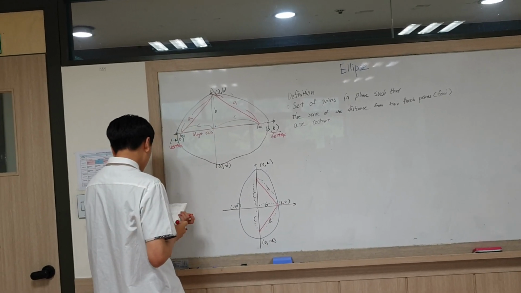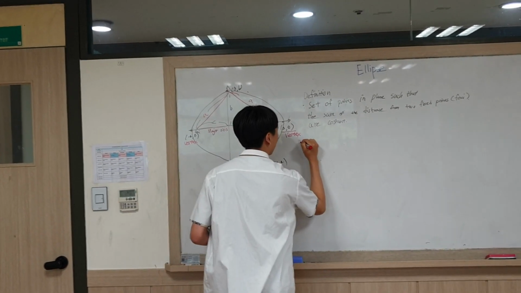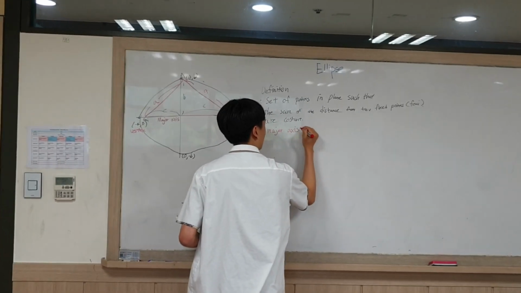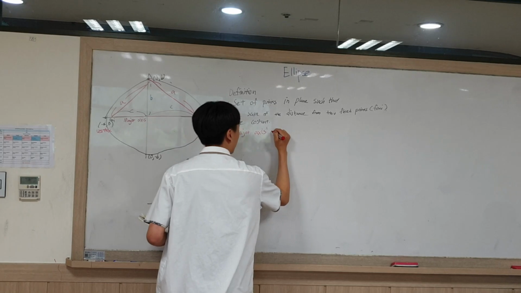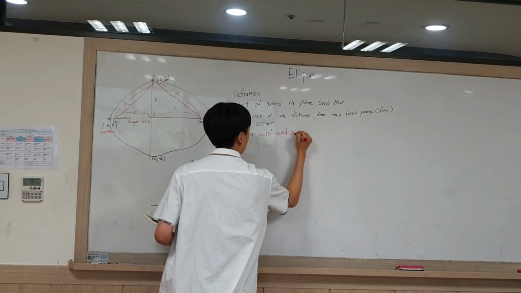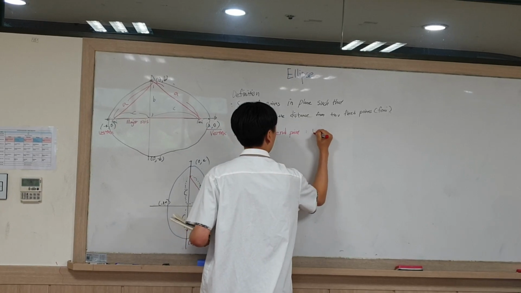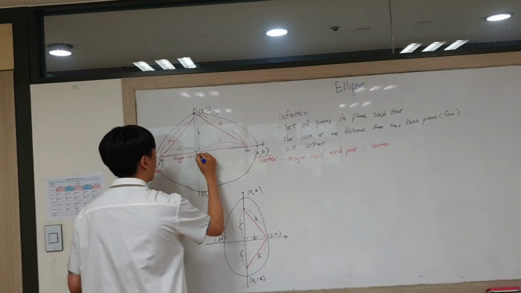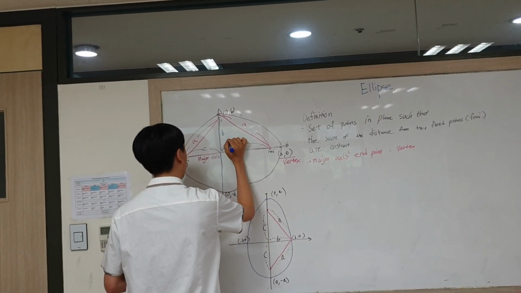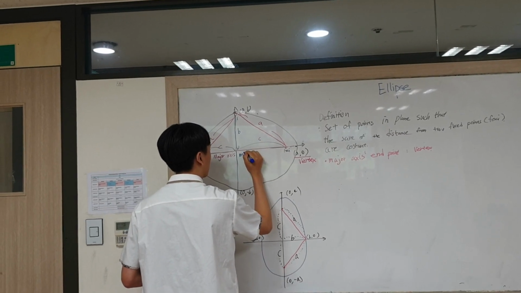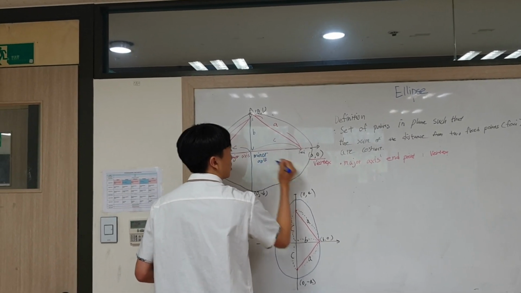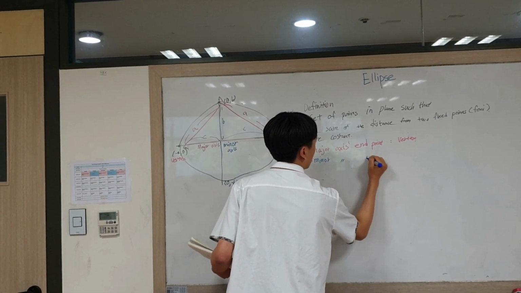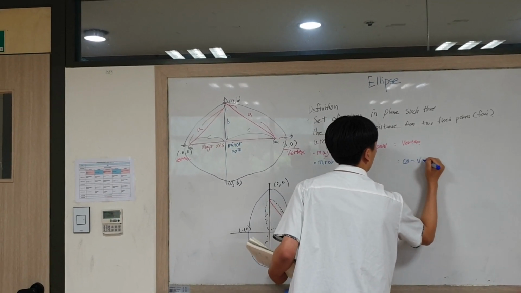And major axis endpoints is the vertex. And now for here, it is the minor axis. So minor axis, and are co-vertex.